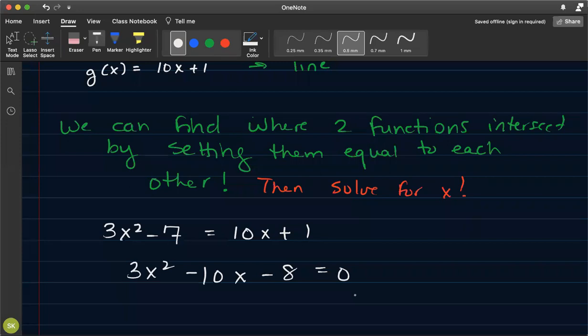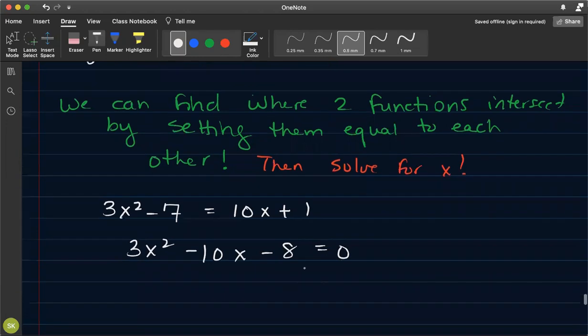So what do I have on the left? I've taken a quadratic function and set it equal to 0. So what I need to do to figure out where these 2 functions intersect is find the zeros, or rather the x values that when I plug them in, make it 0.